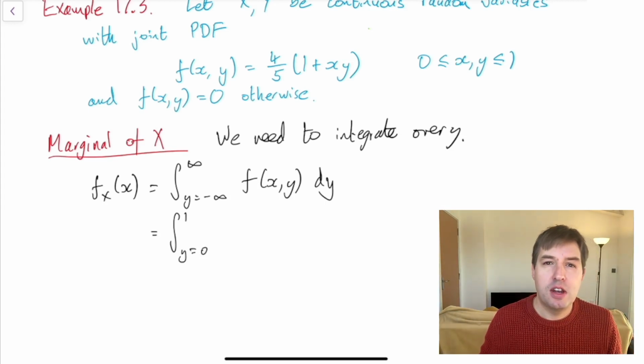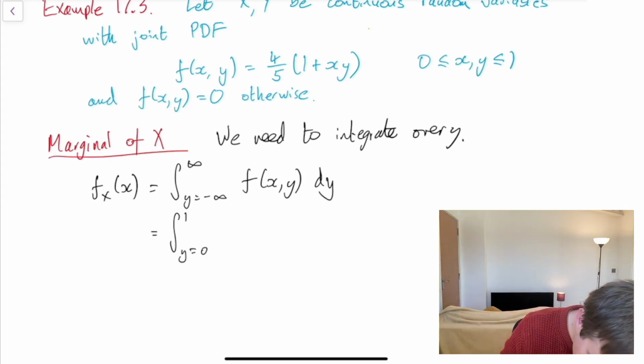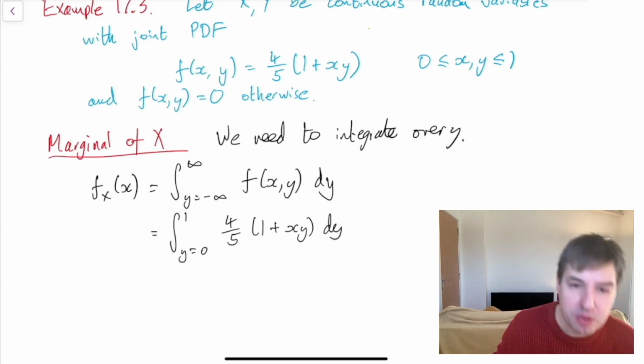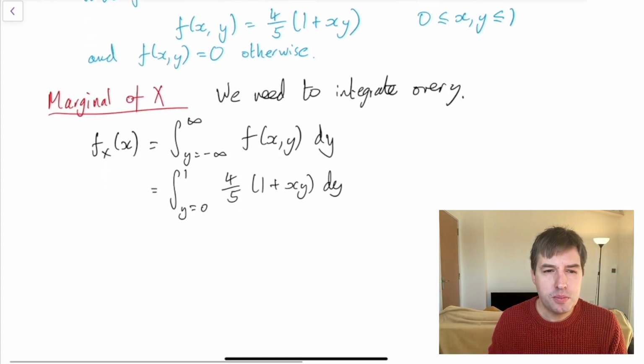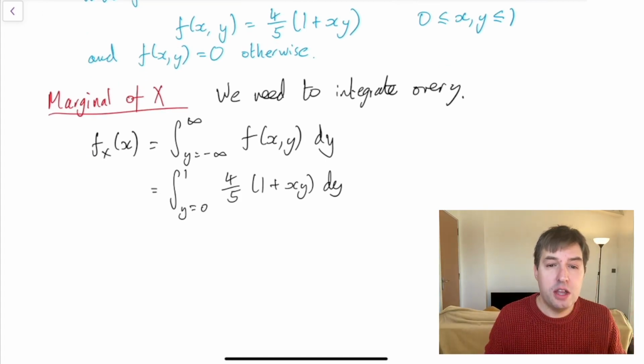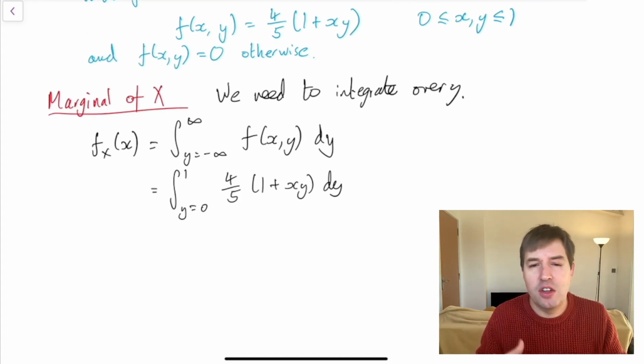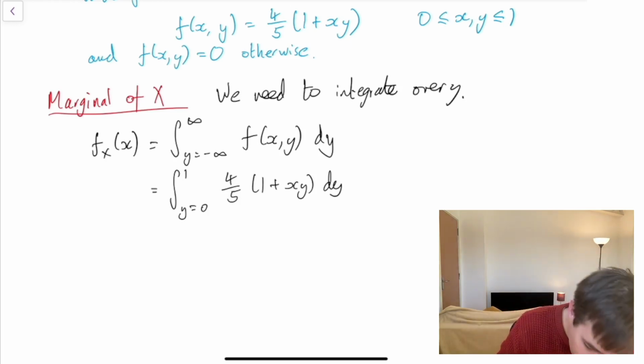We then substitute in our value for f_XY, that's 4/5 (1 plus xy), and integrate that with respect to y. So we just need to do the integral with respect to y. So as far as this is concerned, x is just a constant that can be treated like any other constant. So I'm going to do this by taking my 4/5 outside.